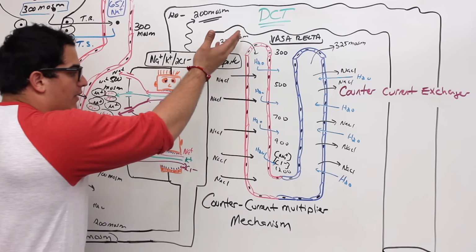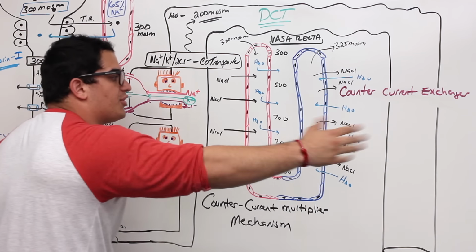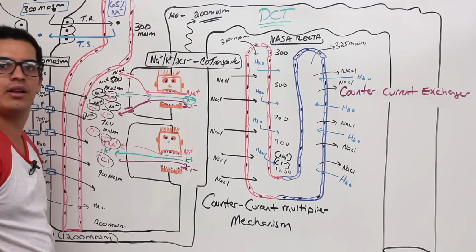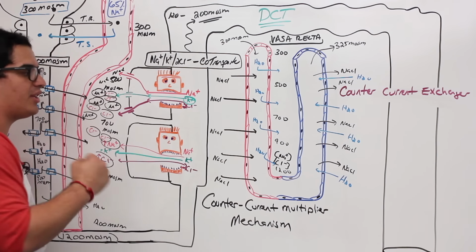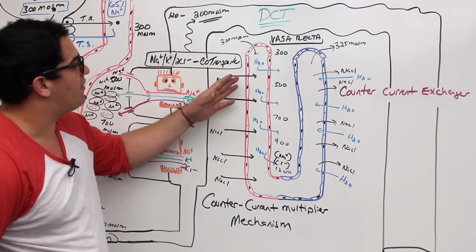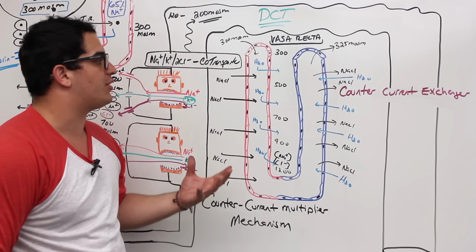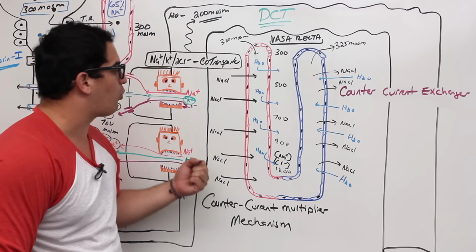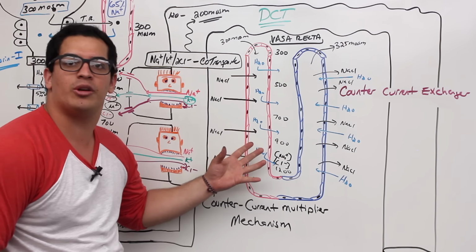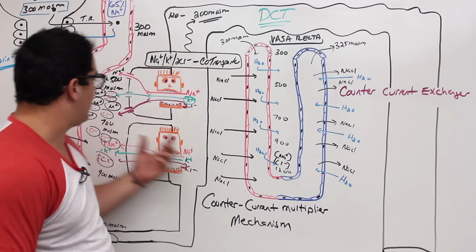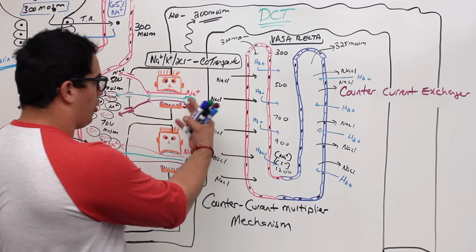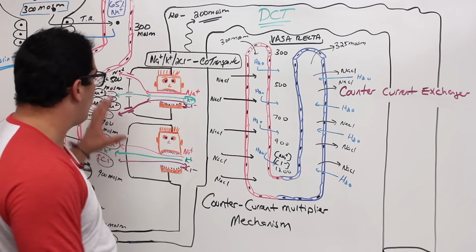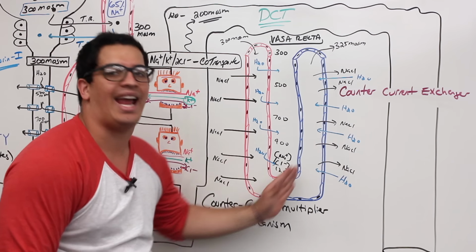If we have a lot of fluid coming through here, and let's say it washes away that sodium chloride, you're not going to be able to maintain that nice medullary interstitial gradient. So all the VasoRecta, or the countercurrent exchanger, is doing is preventing the rapid removal of sodium chloride. It's not the one developing this medullary interstitial gradient or the countercurrent multiplier mechanism, right? It's not the one generating it, it's maintaining it.